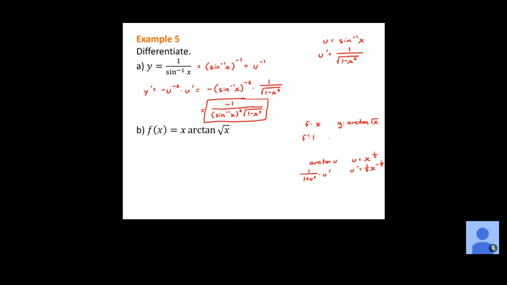And so our g prime now, if we plug everything back in, it's going to give us 1 over 1 plus x to the 1/2 squared times 1/2 x to the -1/2.